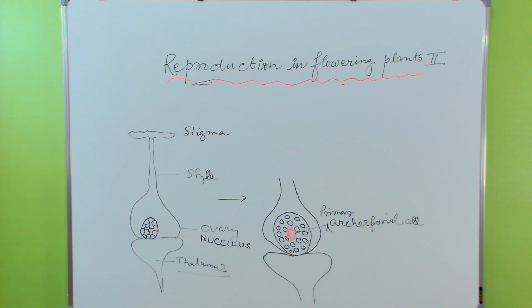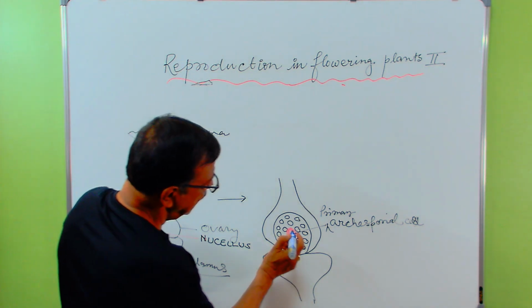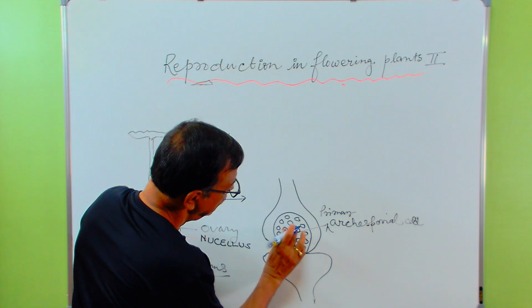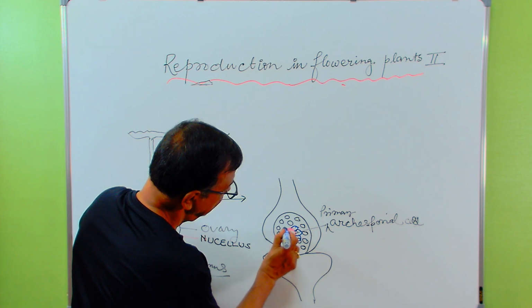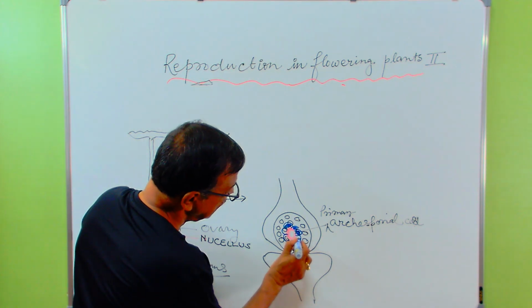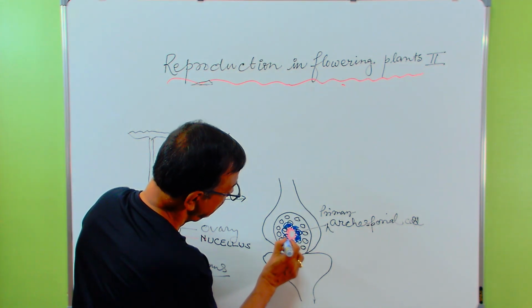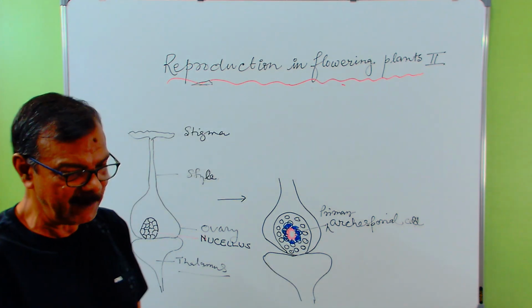This primary archesporial cell will form an outer parietal layer and inner sporogenous cell.